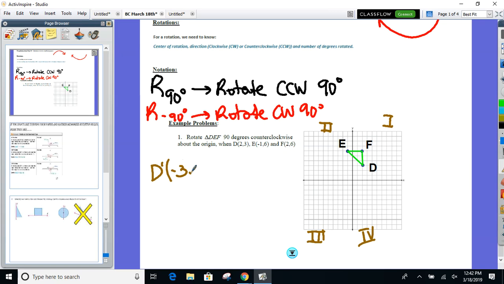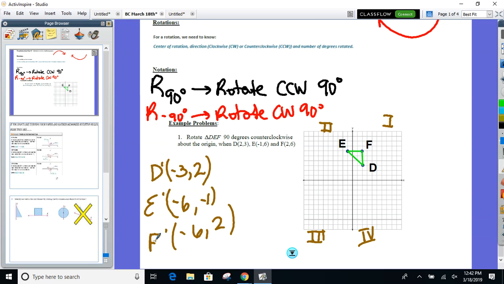I'm just going to jot these down and then I'll go back to the original graph and graph them. So -3, 2 is D prime. Where's E now? -6, -1. So there's E prime. And where's F? -6, 2.